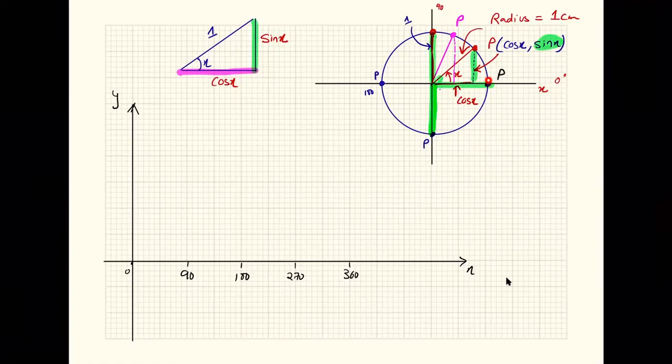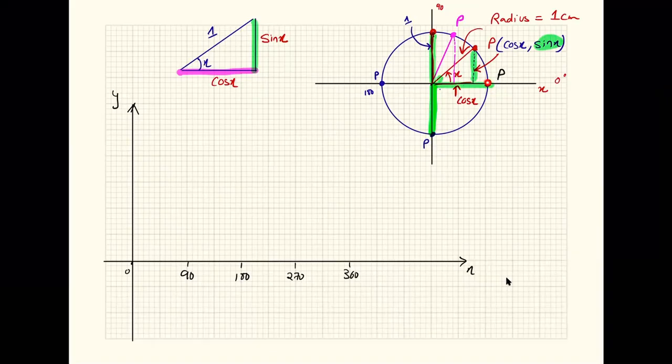ठीक है, but what is the horizontal distance over here? What is this horizontal distance? Can anyone tell me what this horizontal distance would be? It would be 1. Yes, it would be 1.